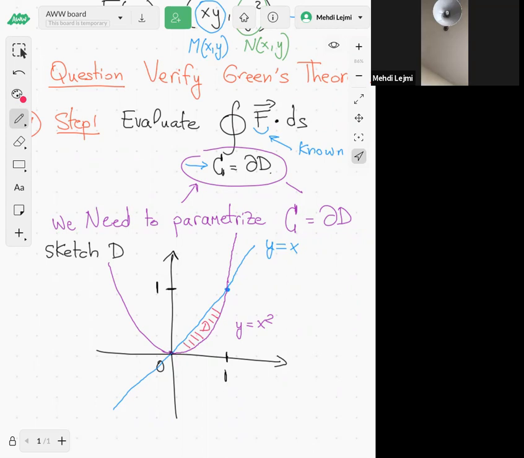Now, what's the boundary of the region D?